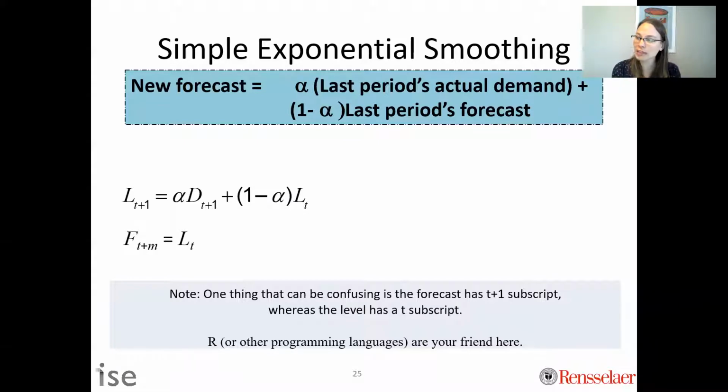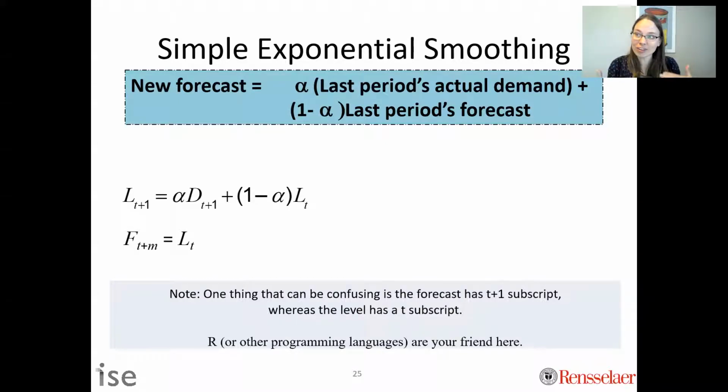Another way is to use the L equation, where L of t plus 1 is equal to alpha D of t plus 1 minus alpha times L of t. And then our forecast, remember this is a stationary series, so our forecast is just our estimate of our level. Just like we saw in moving average, I keep calculating L of t as long as I have D of t.